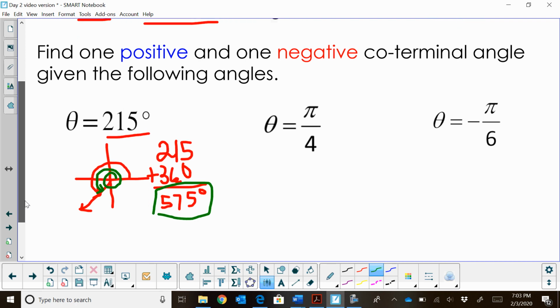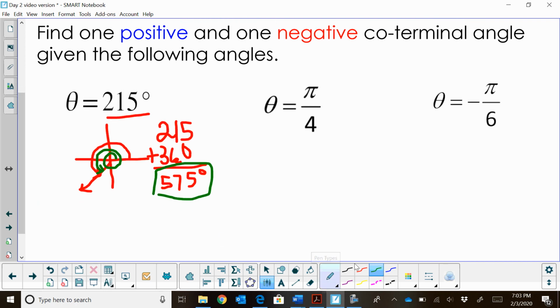Now I'm going to calculate a negative coterminal angle. So I'm going to take 215 degrees and I'm going to subtract 360. So when I subtract that, I'm just going to get negative 145 degrees.